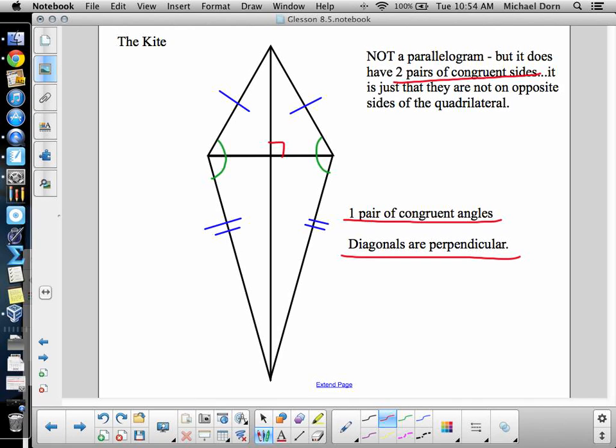If I had a picture come up looking like this, I'm not thinking parallelogram, I'm thinking kite right away. So maybe I'm just going to measure the lengths of all four sides right away. Oh, look at that. Two congruent pairs, but they're consecutive sides. I've already proven it's a kite. Couldn't be a parallelogram, it must be a kite. So as long as we're sketching first, we're usually okay.